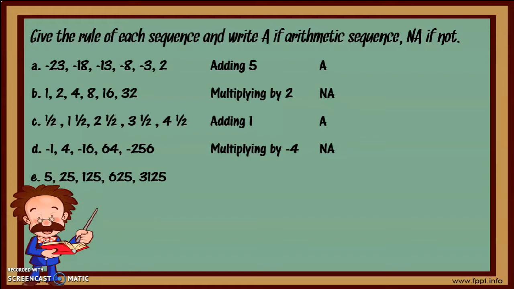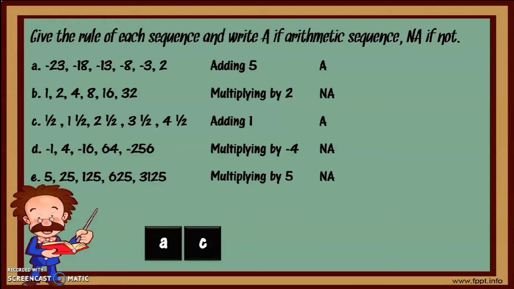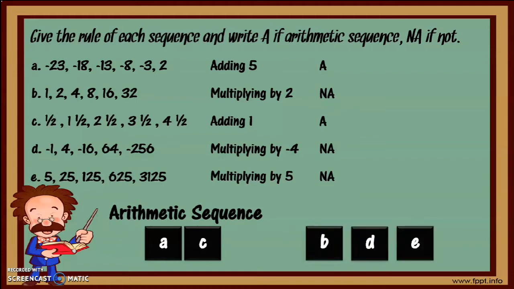And the rule is multiplying by 5. So it is not an arithmetic sequence. Okay, letter A and letter C are examples of arithmetic sequence, while B, D, and E are examples of geometric sequence.